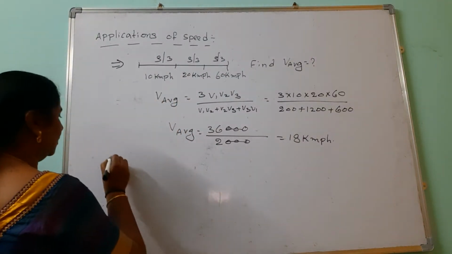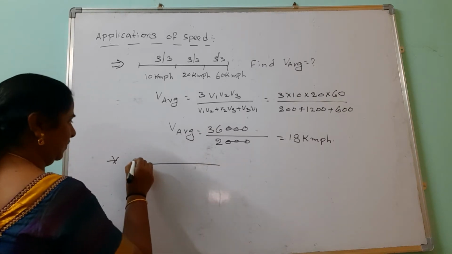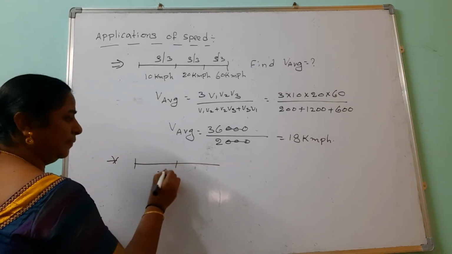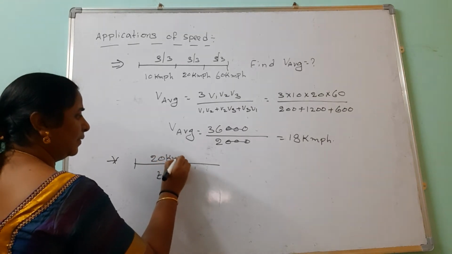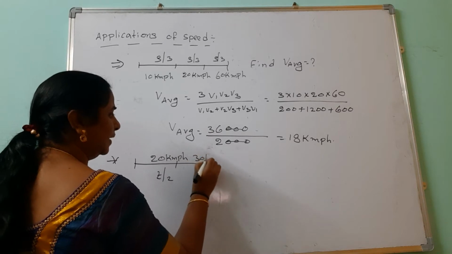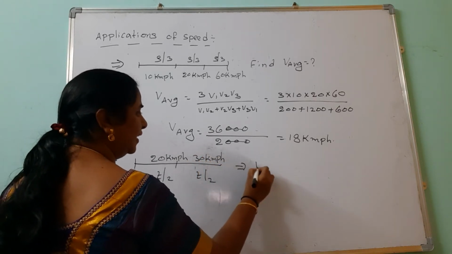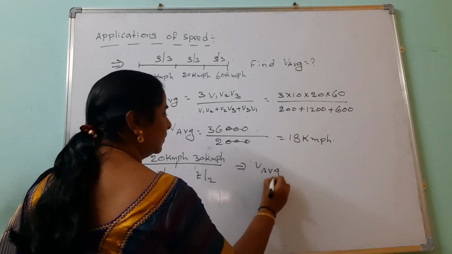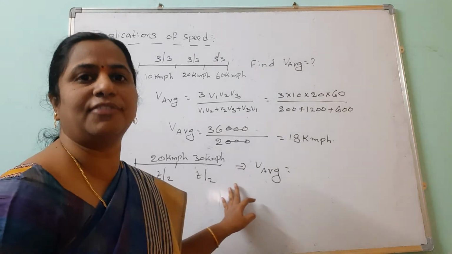Now one more problem we are going to discuss. If the body covers half of the time at 20 km/h and the remaining half of the time at 30 km/h, then how to find the average speed? Here they didn't give the distance, they have mentioned half of the time.